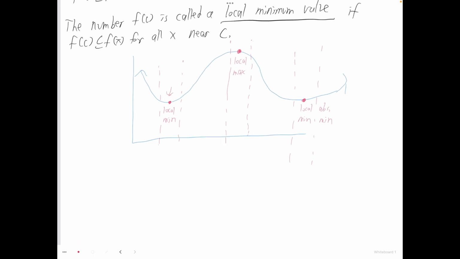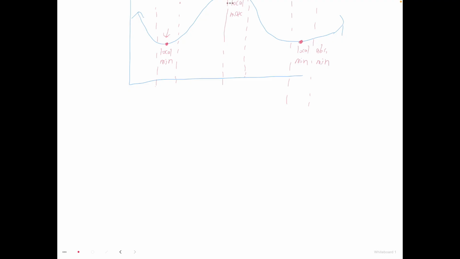So one thing about local minimums to be aware of is local max and min values cannot occur at endpoints.